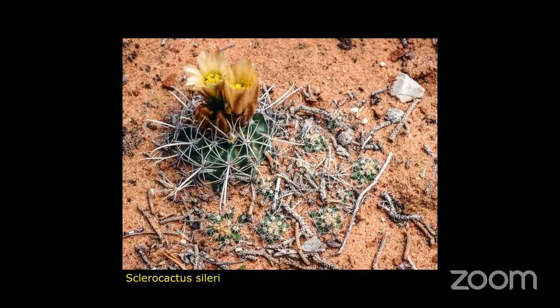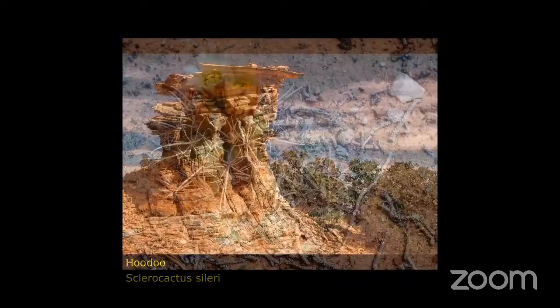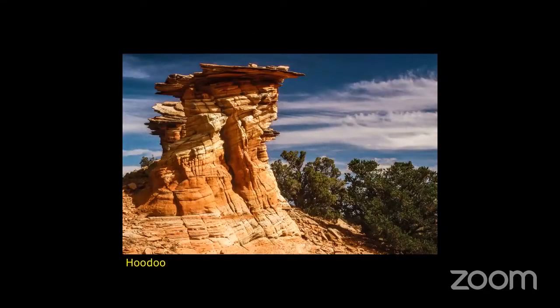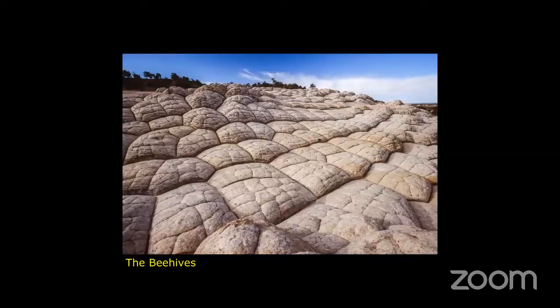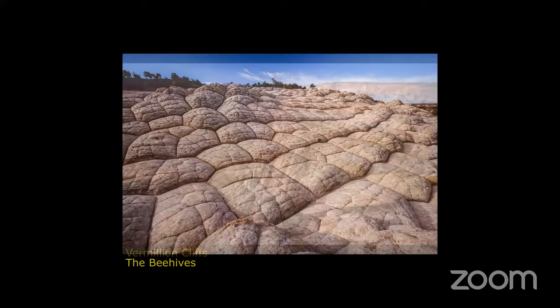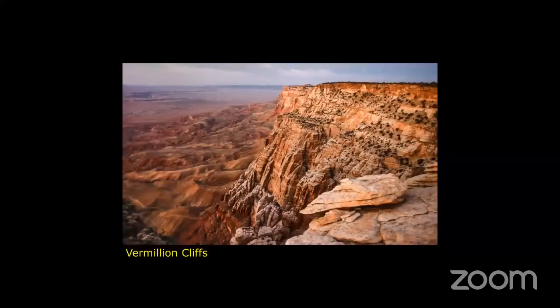So as long as we're up here on the Berea Plateau, let's look around a little bit because there's some pretty interesting rock formations. This one is called a hoodoo. And in another area of the Berea Plateau, we have a formation called the beehives. If we travel to the south, we'll eventually come to the edge of the plateau and find ourselves at the top of the Vermilion Cliffs.